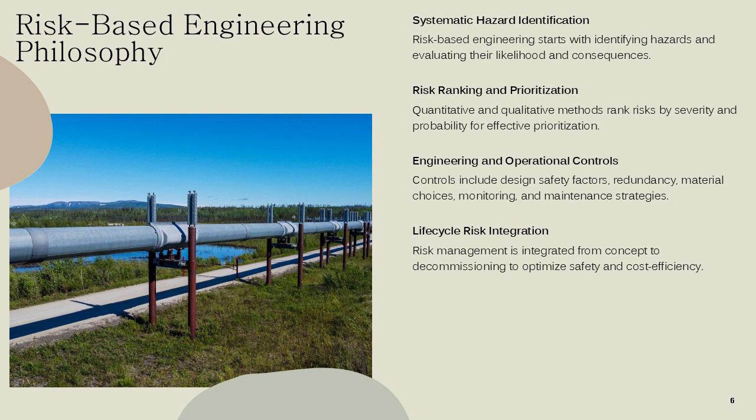Engineering controls include design safety factors, redundancy, and material selection, while operational safeguards encompass monitoring systems and maintenance strategies. By integrating risk assessment into every stage of the lifecycle, from concept to decommissioning, organizations can optimize resource allocation, enhance reliability, and comply with regulatory standards. This approach not only improves safety but also supports cost-effective decision-making by focusing efforts on high-risk areas.